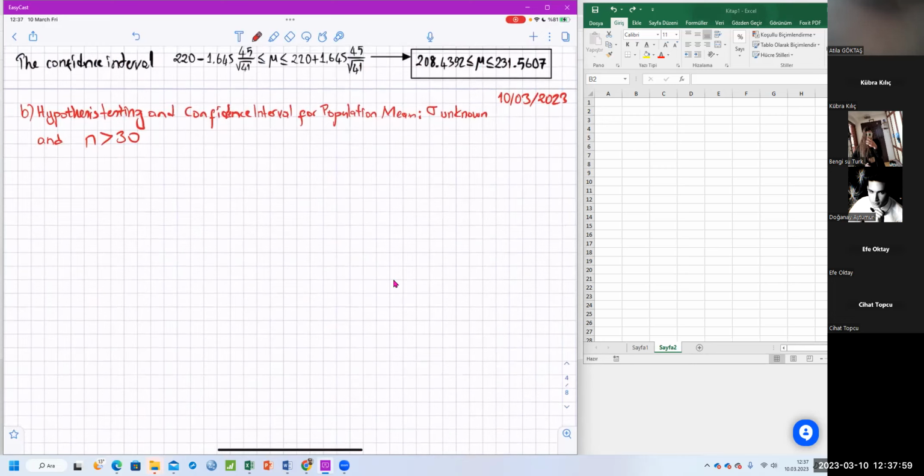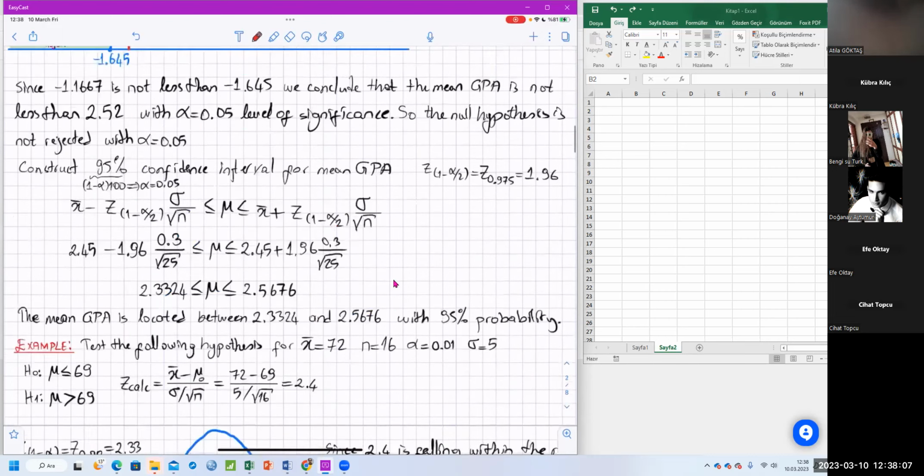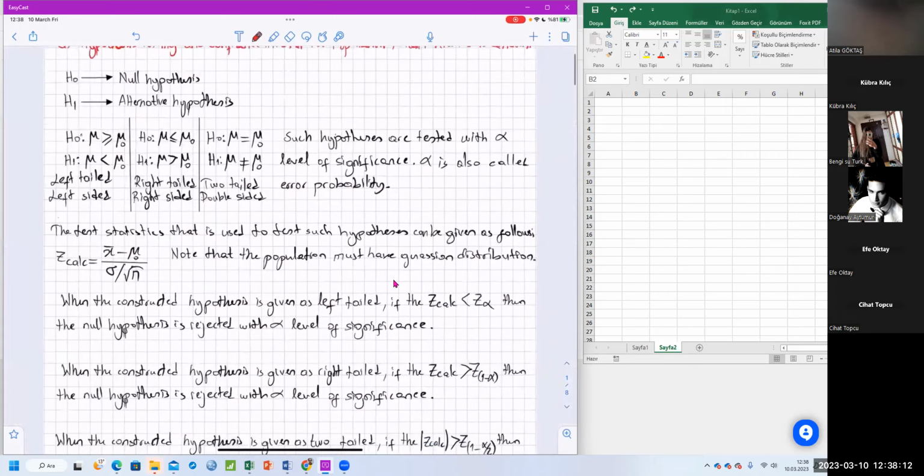If n is greater than 30, you use the same critical values from the Z, the Gaussian normal distribution table. So I'm going to copy the same hypothesis we constructed here.